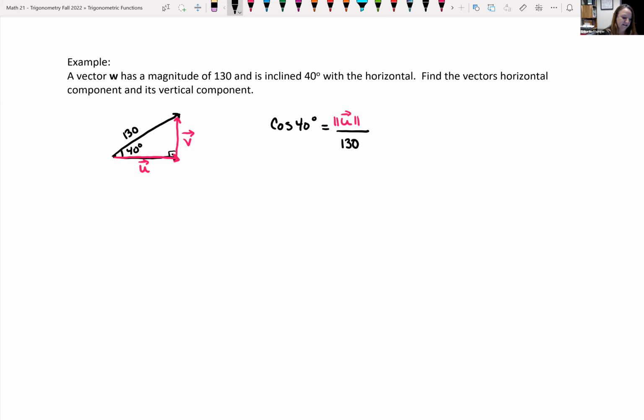We can multiply both sides by 130, and so the magnitude of our vector U is equal to 130 times cosine of 40 degrees. Plugging it into our calculator, this is approximately 100. So that is our horizontal component of our vector W.